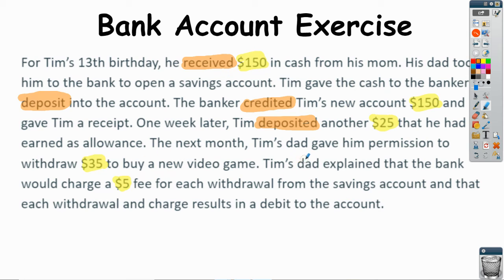The next month, Tim's dad gave him permission to withdraw to buy a new video game. Tim's dad explained that the bank would charge a $5 fee for each withdrawal from the savings account, and that each withdrawal and charge results in a debit to the account.